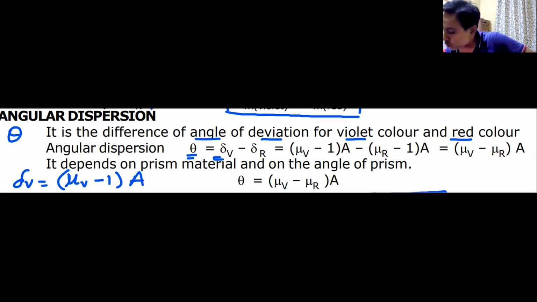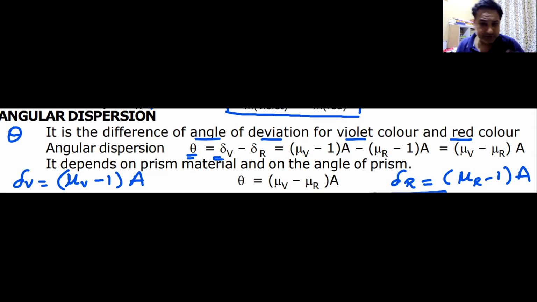Yes, sir. Similarly, deviation for the red light shall be equal to mu for the red light minus 1 times A. Do we understand this?